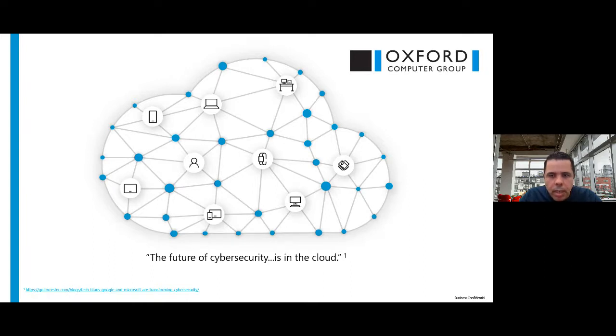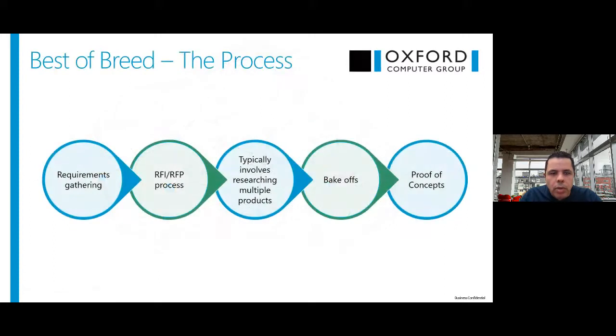So a quick look at the two modalities essentially that organizations, enterprises have today when selecting security vendors. There's the best of breed approach, and that process usually looks like this. It's a process where you're gathering requirements for addressing the business need and security need in the organization.